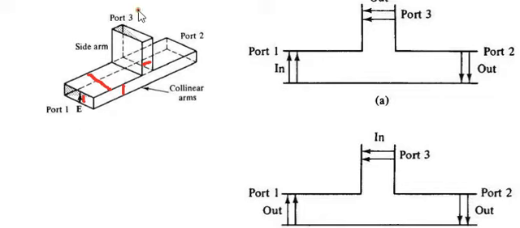Once the wave is fed from port 3, the waves emerging out of port 1 and port 2 of the collinear arms are out of phase, or opposite phase, meaning the waves have exactly 180 degrees of phase shift.